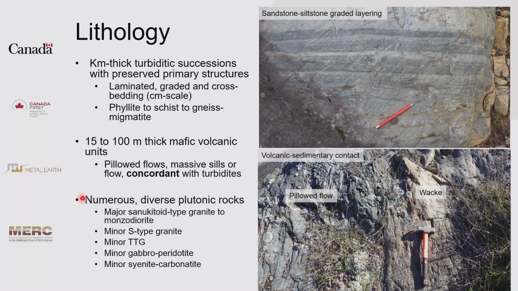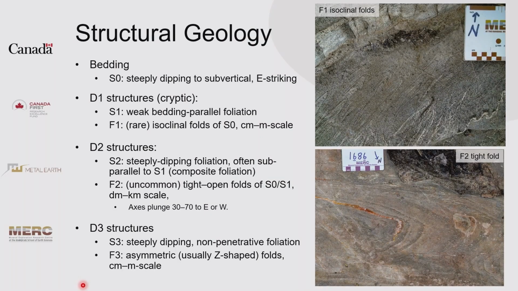For the structural geology, I'm not going to go into too much detail. The main point is that almost all the structures are subvertical to steeply dipping. Horizontal or even 40-degree dipping structures are incredibly rare in the Quetico. The main foliation is in most places a composite foliation between the subvertical D1 structures and subvertical D2 structures.